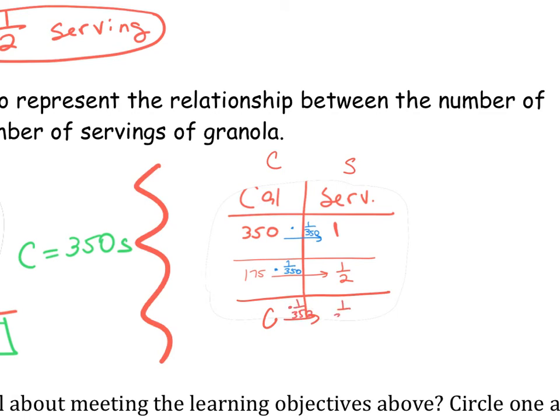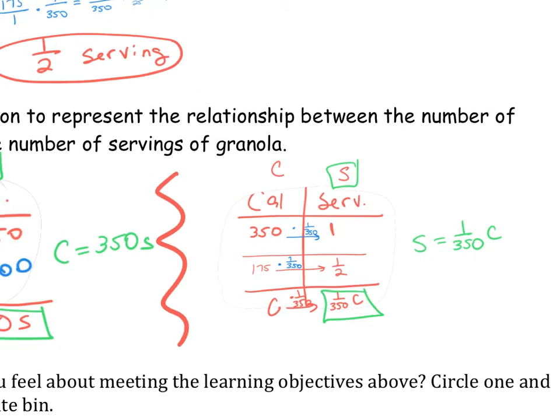So I would get 1 over 350C. Okay, again, this 1 over 350C is in the S column. So remember, everything in the S column is equivalent to S. So my equation is S equals 1 over 350C.